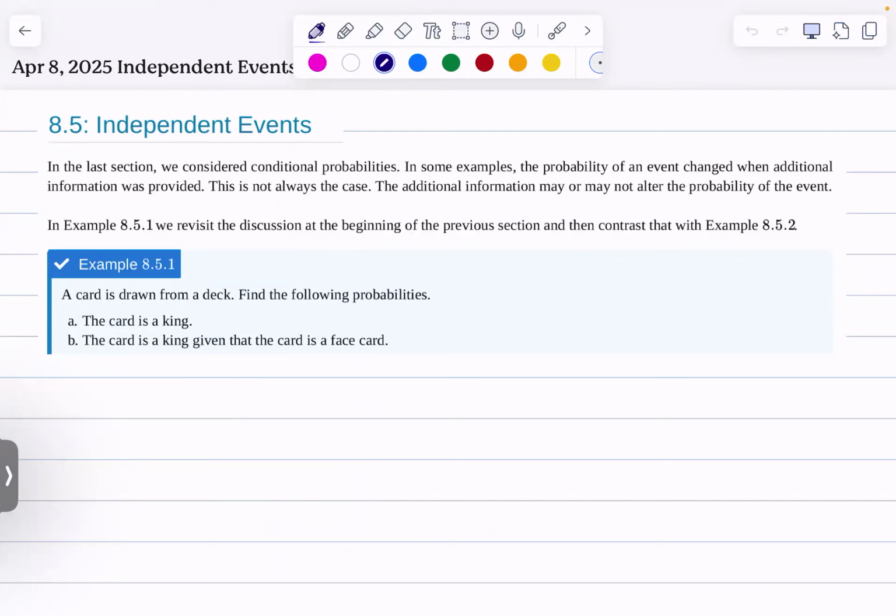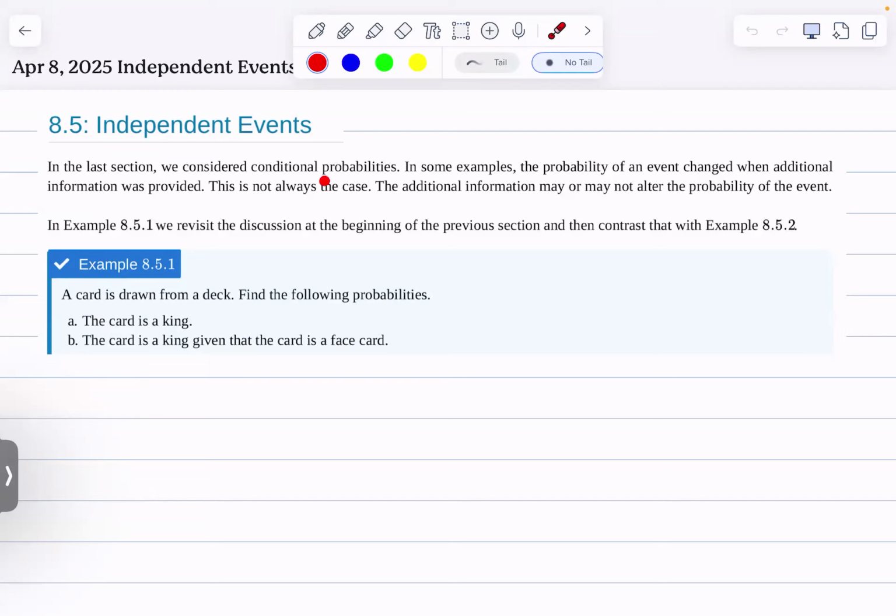Independent events. Okay. So we had conditional probabilities, right? Independent events are exactly as they sound, right? Where the probability of something is independent of other things happening.